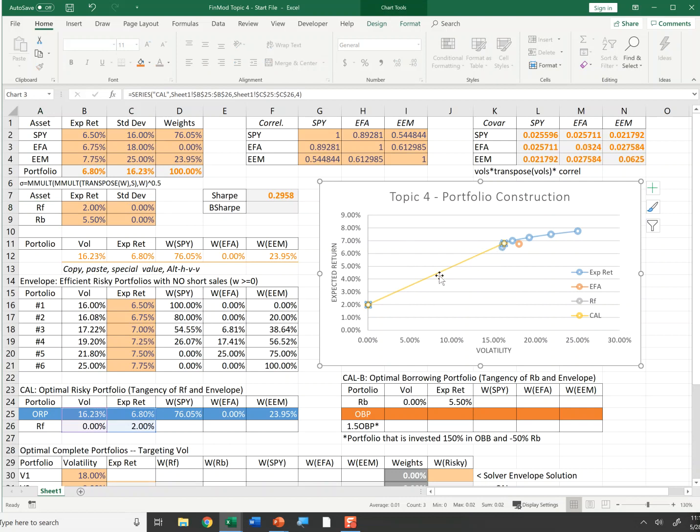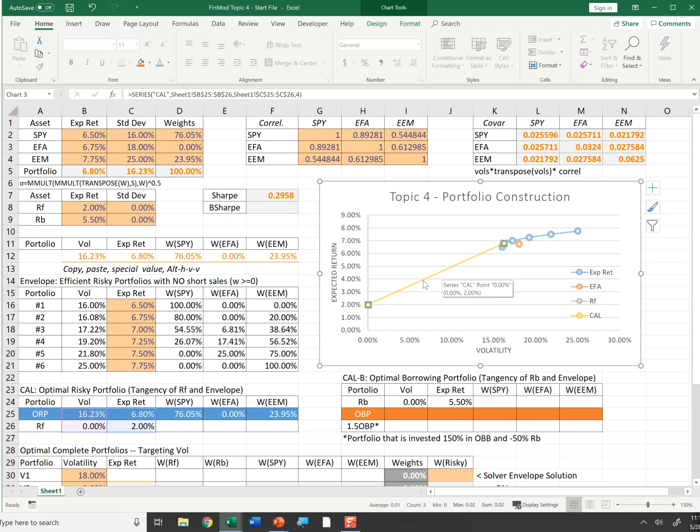If I want a portfolio with roughly 10% volatility, it looks like I would combine about 50% of the risk-free asset and roughly 50% of this optimal risky portfolio, and I could plot on a line that sits at around here.